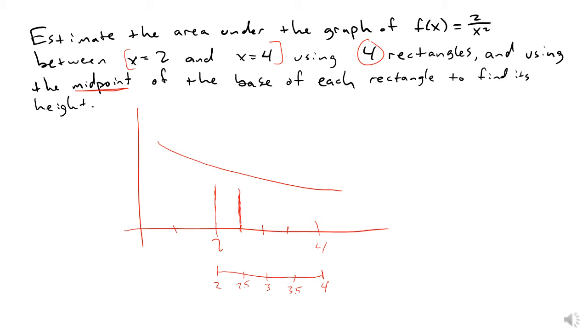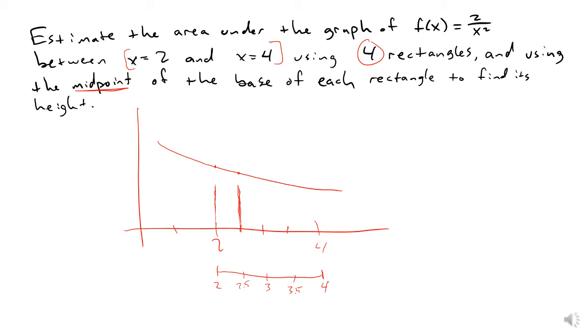In the previous video, you looked at, okay, I could use the low point on this interval and use that to determine the height of my rectangle. That would give me an underestimate. I could use the high point on this interval. Using this high point, I could make my rectangle that tall, and then that would give me an overestimate to the area. We're not doing either of those.